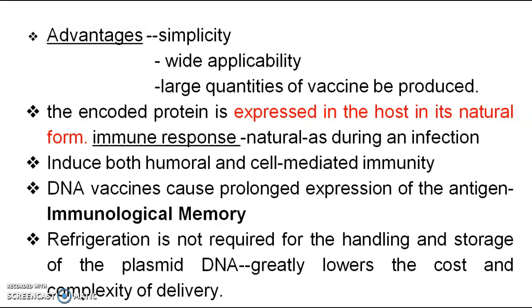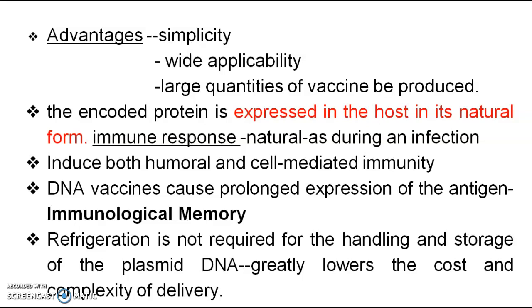Another advantage is that the protein will be expressed in the host in the normal way, as when a person gets an infection or exposure; similarly, once this protein is formed, it will be expressed in the host in the natural form. The next advantage is that both humoral and cell-mediated immunity are activated.